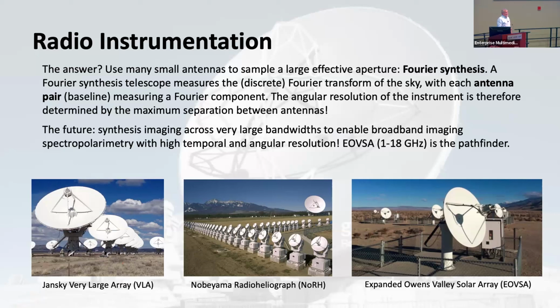sky. Okay, so what an instrument like the VLA does, which is pictured down here, it's not a solar dedicated instrument, but you can, in fact, observe the sun with it. It measures the Fourier transform of the sky. I'll show you what the distribution of Fourier components is like, but you can think of the basic element of an array as not a single dish, it's a pair of dishes.